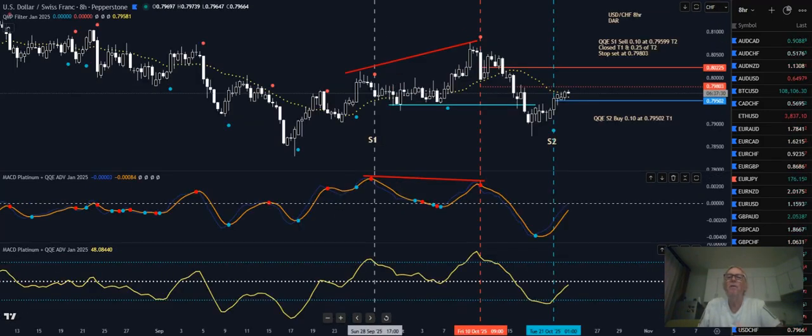USD Swiss franc. So S1's a sell, so there's a sell. First one here, it's above the 60. It came down through the 50, but there's no chance for me to exit at that time. Not sure if I took that buy. I don't think I did. Took a second sell, back above the 50, and eventually got through the 50 where I managed to close, started closing.